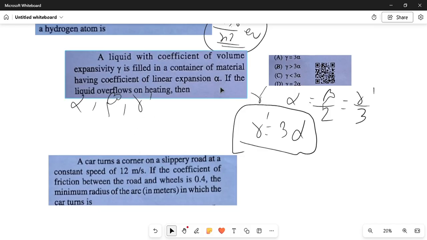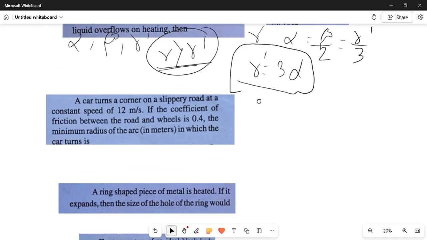So gamma will be greater than gamma prime, and gamma prime is equal to 3 alpha, so gamma will be greater than 3 alpha. So option B is correct. It is an easy question: after heating, the liquid overflows means the volume expansion of the liquid is greater than the volume expansion of the solid material in which the liquid is placed.